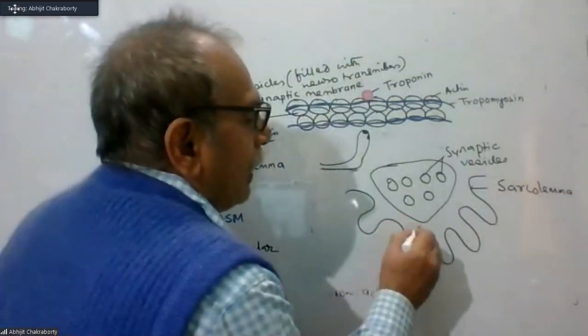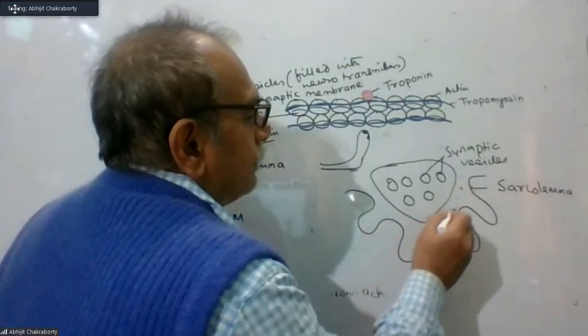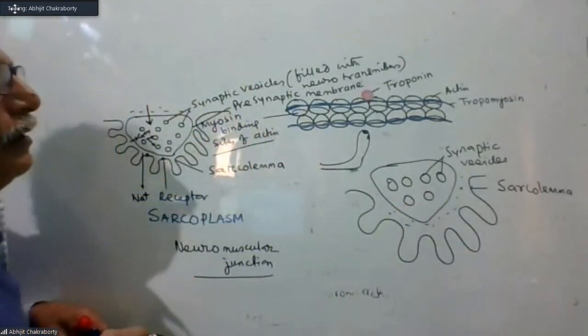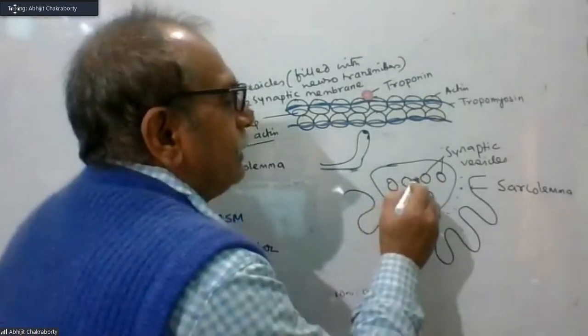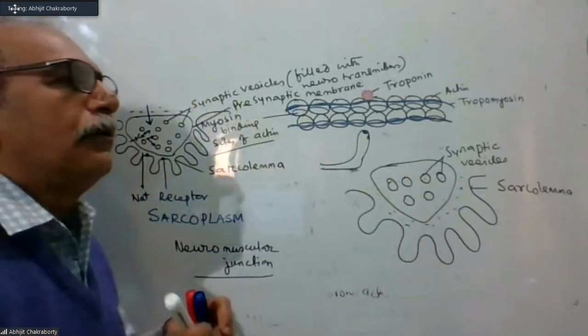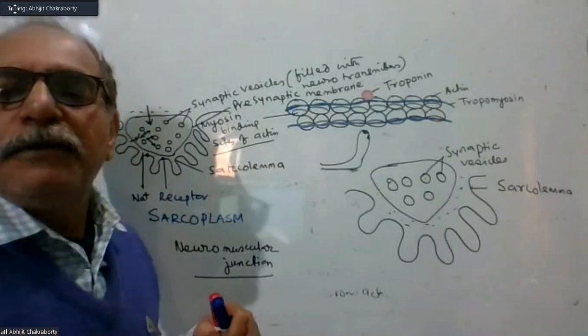And here you will get the extracellular fluid, and different ions are present here. So these synaptic vesicles are filled with neurotransmitters, which are required to carry impulse from nerve side to the muscle side.